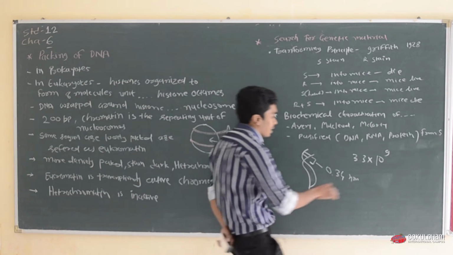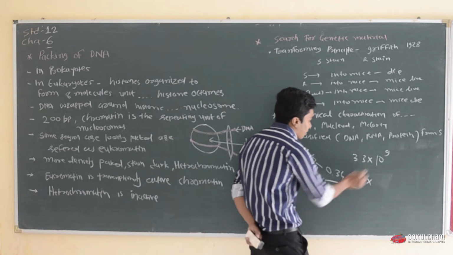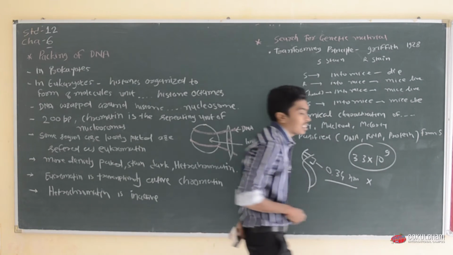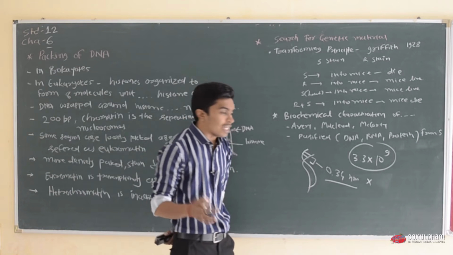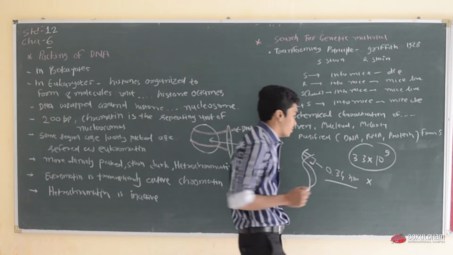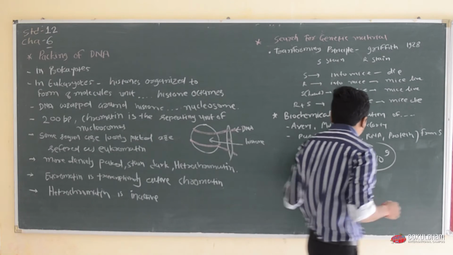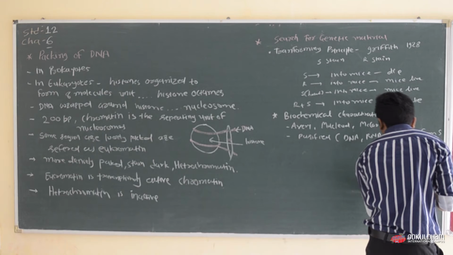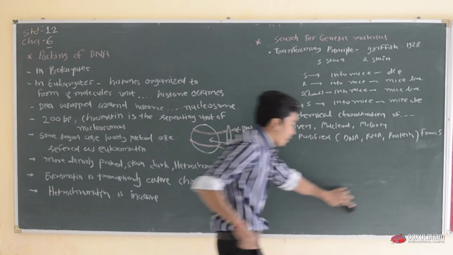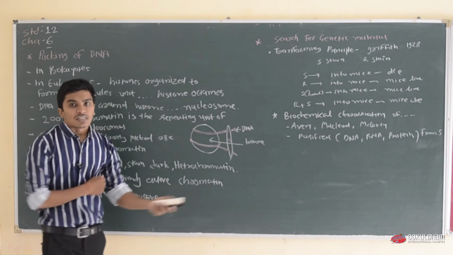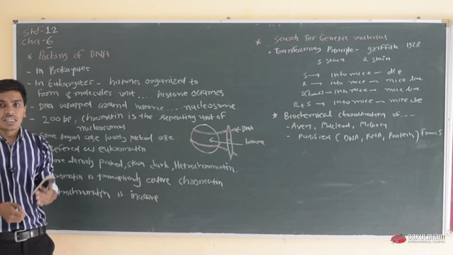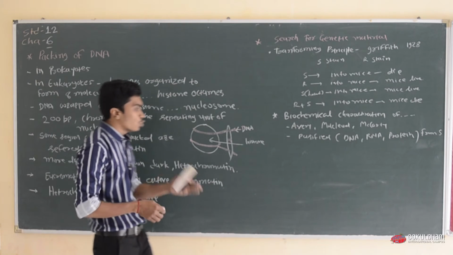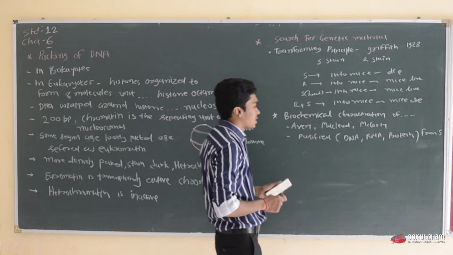By multiplying this length with this number of nucleotides, we can get the actual length of the DNA in a cell. By calculating this, we find that the actual DNA length is around 2.2 meter in a particular cell.